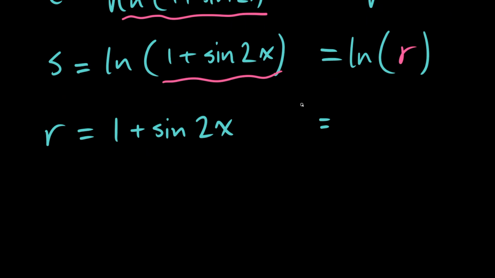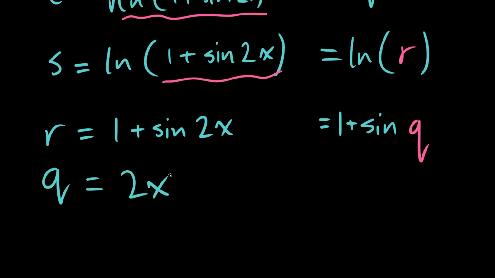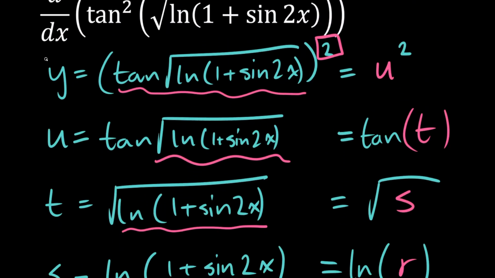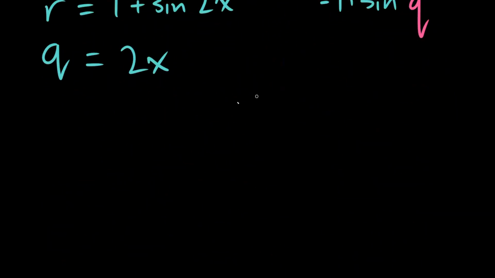We're just going to include that in our definition. So r can be defined as 1 plus sine of, and let's call 2x our next inside function, q. And finally, q will be equal to 2x. And there's nothing left to tack on, because what we're trying to do is derive all the way from y to x. And we're going to have to get through all these variables.